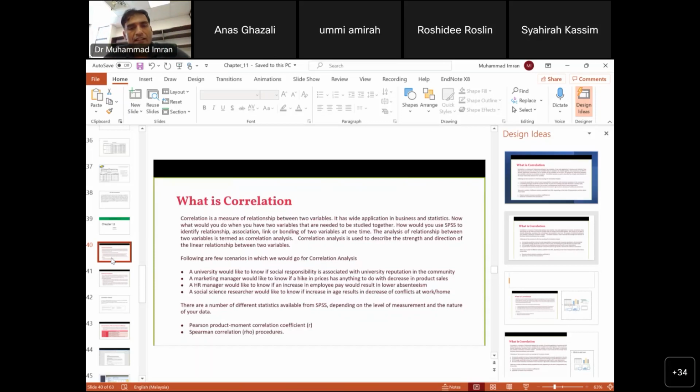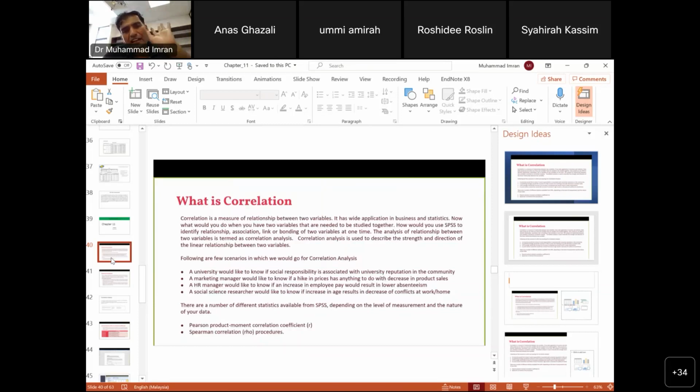Okay, so there are a number of different statistics available from SPSS depending on the level of measurement and the nature of the data. Basically, there are two types of correlations. Please understand, this is bivariate analysis. Bivariate analysis means only two variables. You can check the relationship.